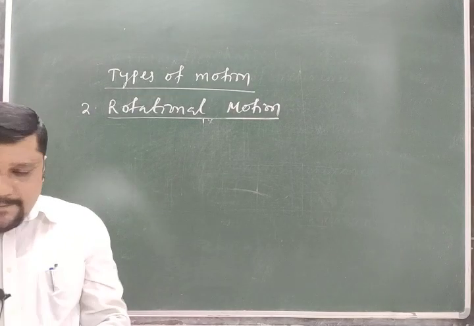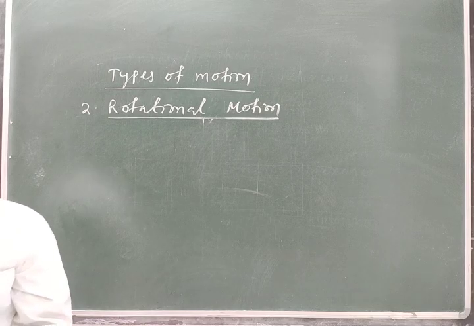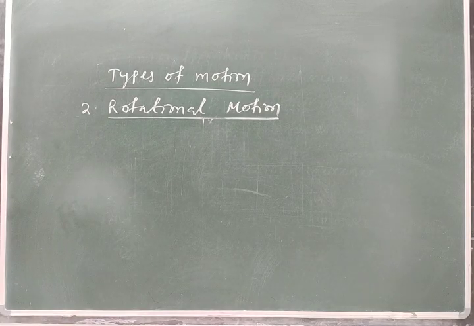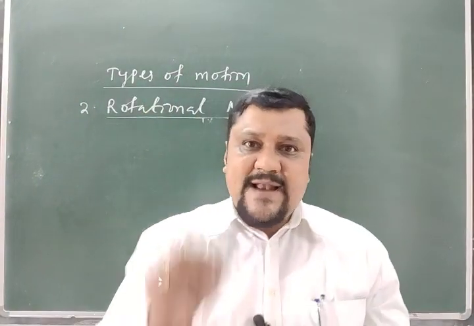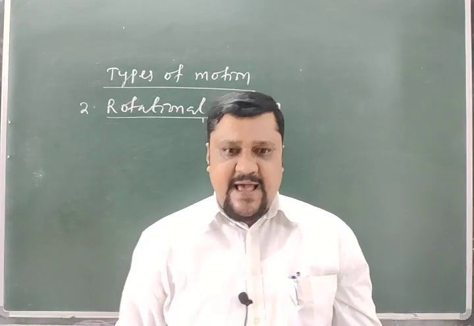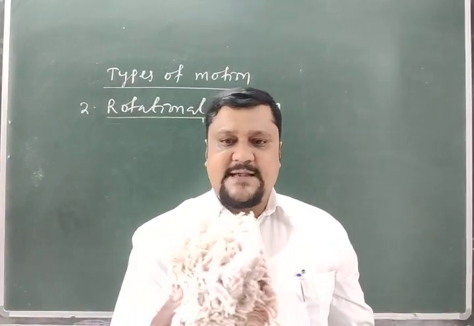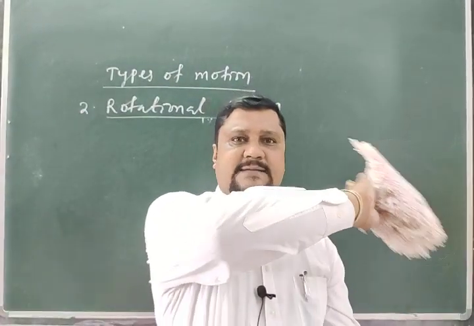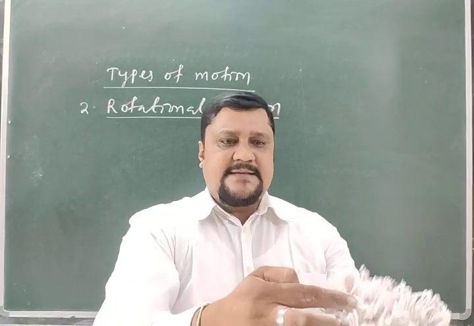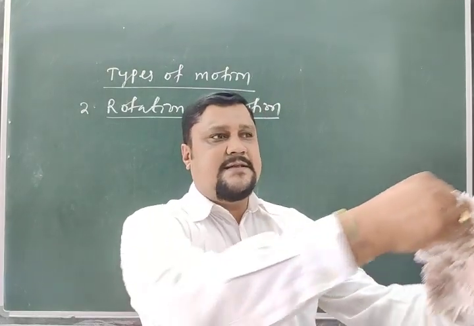Here we can say that during the rotational motion of a body, there is a change in the orientation of the body, while there is no change in the distance of the body from the axis of rotation. The orientation changes means, if I am the axis of rotation and an object is rotating around me, the orientation of the body can change, but the distance from me to this point does not change.